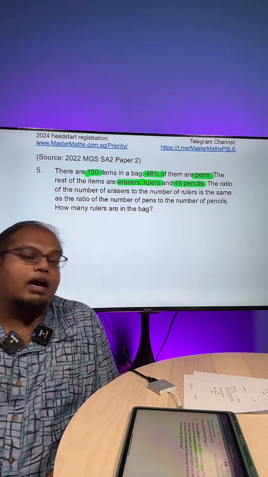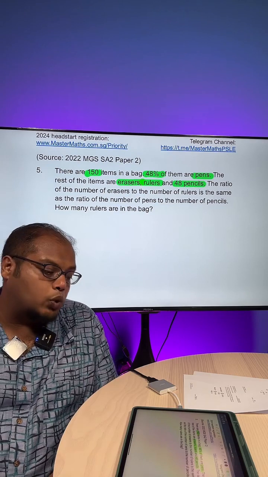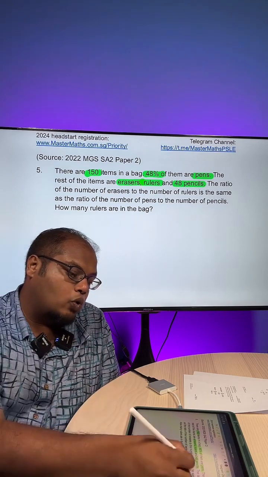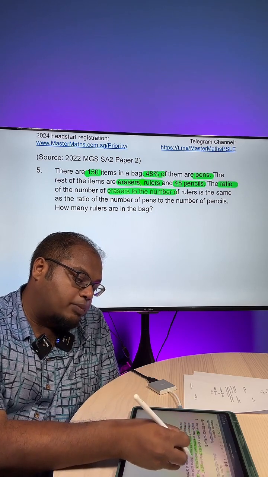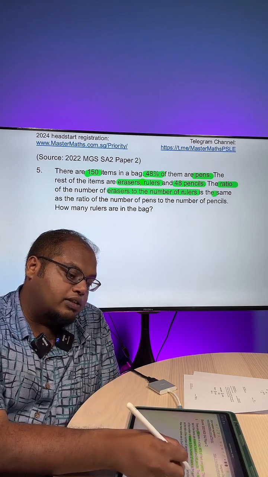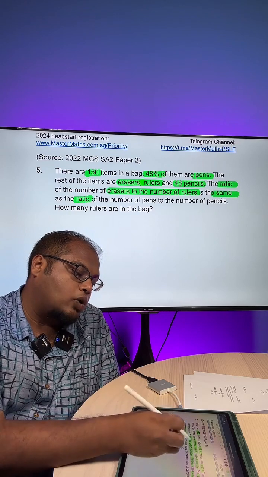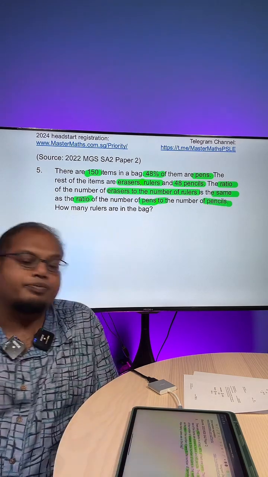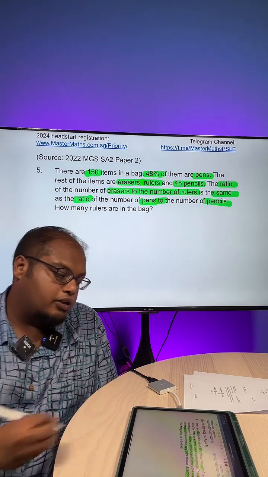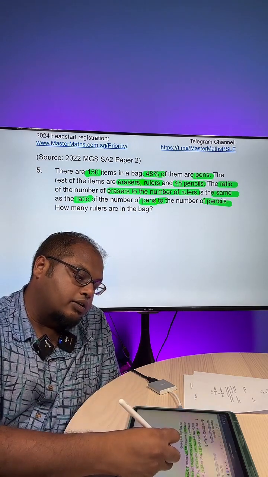Now comes the second part where we have ratio. They say that the ratio of erasers to number of rulers is the same as ratio of pens to pencils. Let me just write that down here.